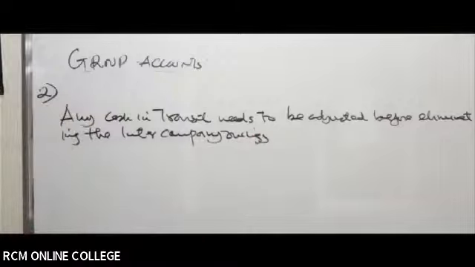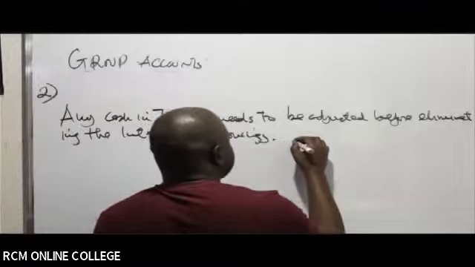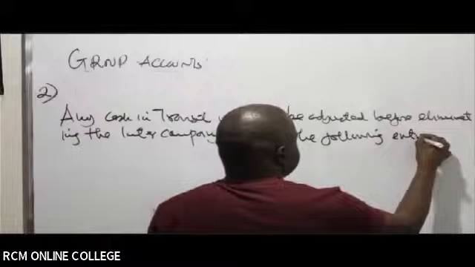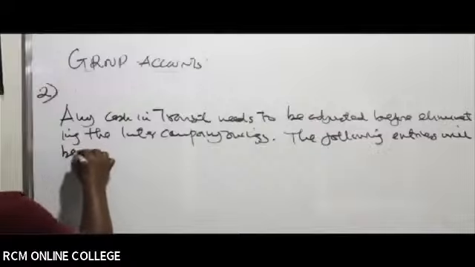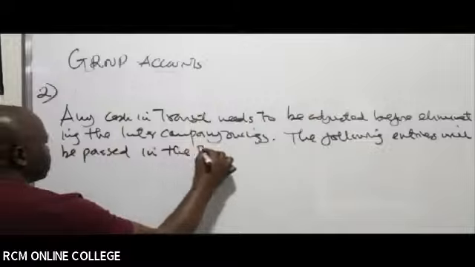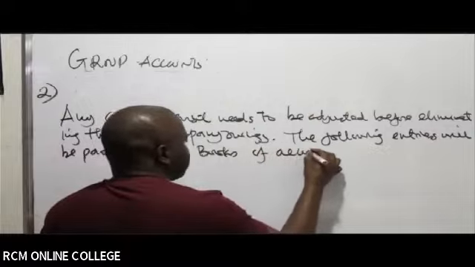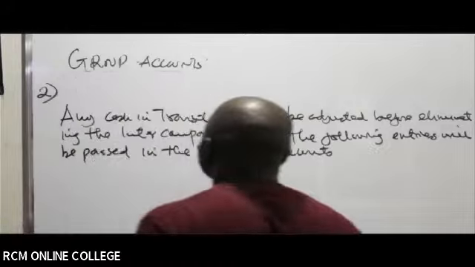Any cash in transit needs to be adjusted before eliminating the intercompany owings. The following entries will be passed in the books of accounts. The following entries will be passed in the books of accounts.